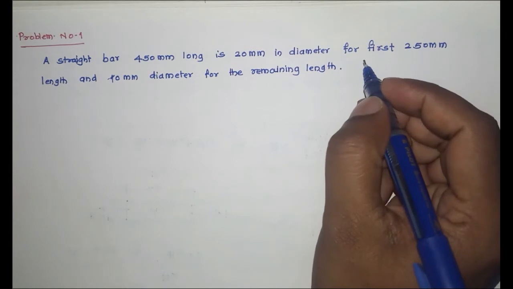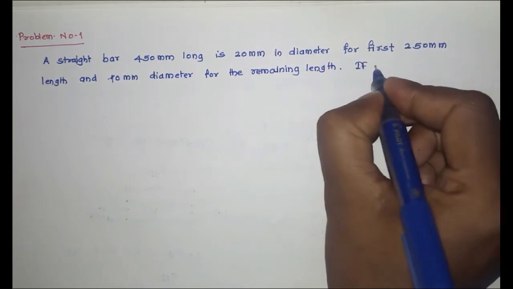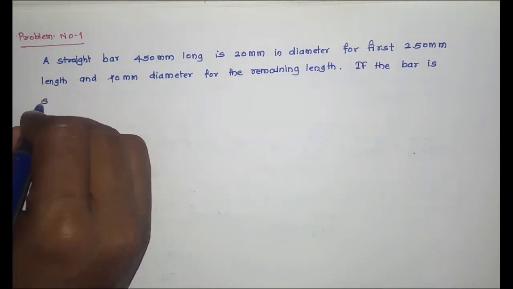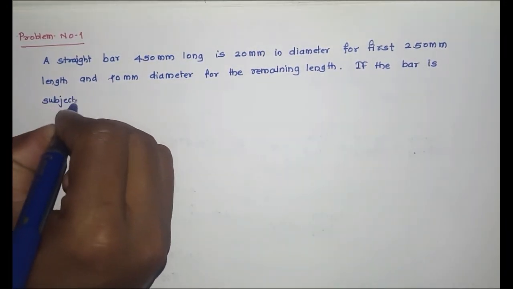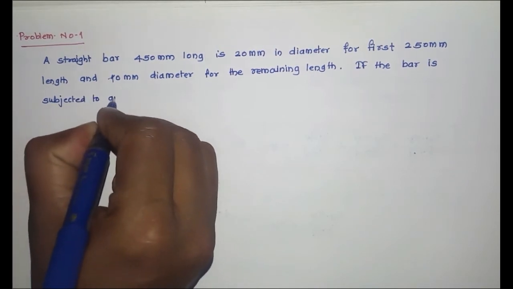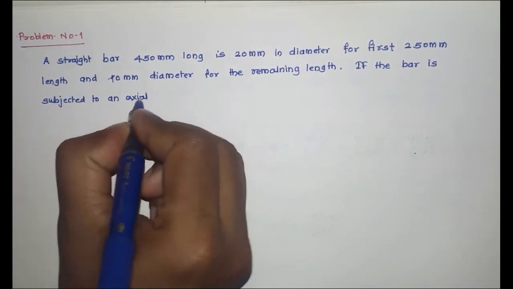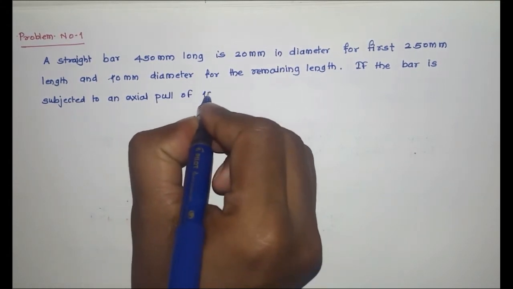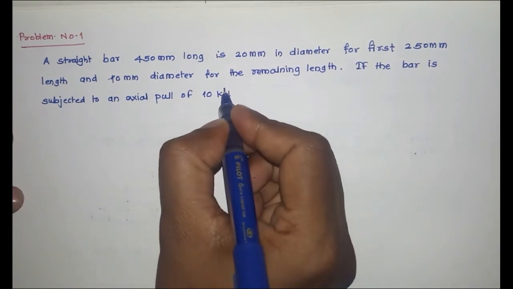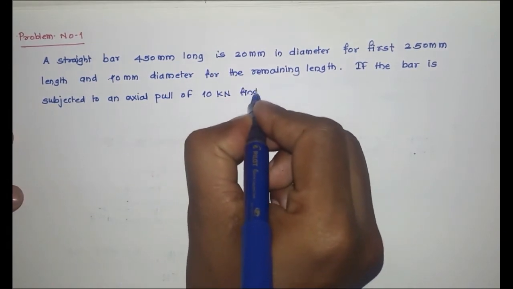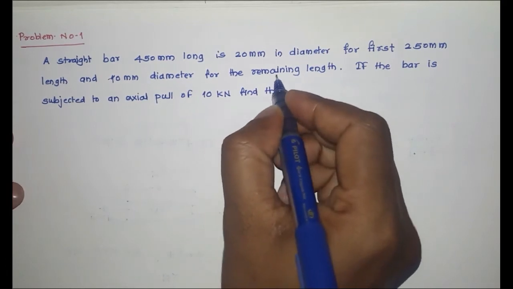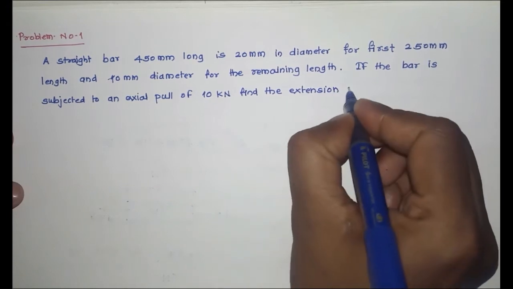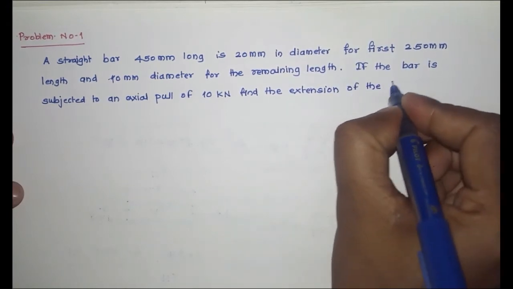If the bar is subjected to an axial pull of 10 kilonewton, find the extension of the bar.